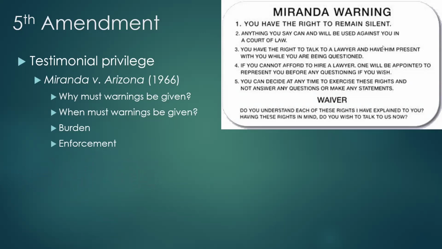Keep in mind that the Miranda rule is not required directly by the Fifth Amendment. So remember, at the beginning of this lecture, I pointed out that the Constitution provides the minimum threshold. These are just general protections. The U.S. Supreme Court has interpreted them and given them more meaning and explained how they should be applied.